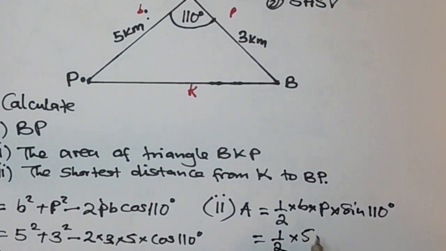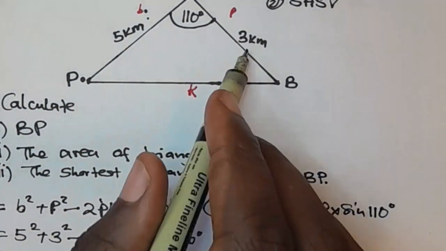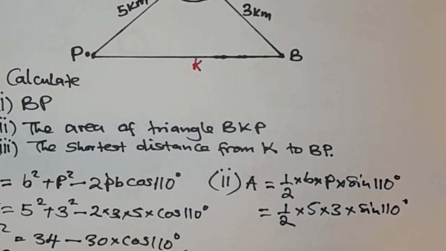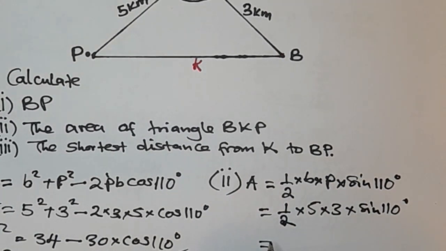So we have 5 times P is 3. So 3 times sine 110 degrees. Okay. Now when you multiply this and divide by 2, you are going to see that the area is going to be 7.04769.